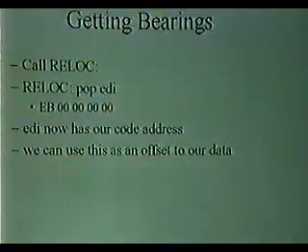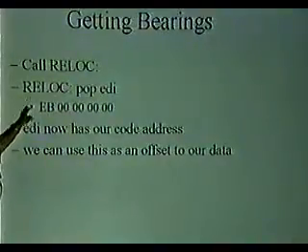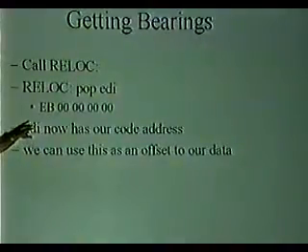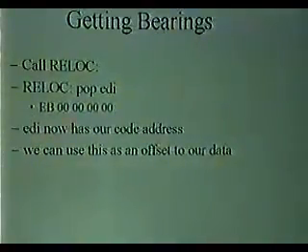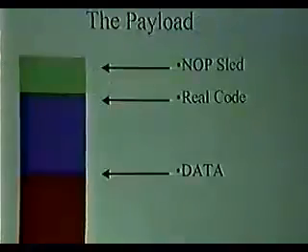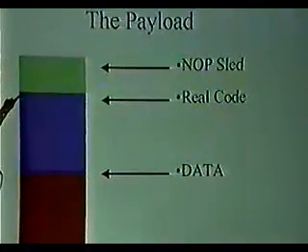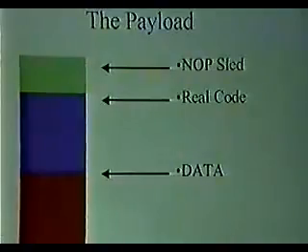So it takes the current instruction pointer and puts it on the stack. Well, then when we get to where we called to, we pop it back off the stack and store it somewhere for later. Pop EDI. Let's say EDI is a convenient place to store it. What we've done is we now know, let me go back to the previous slide, where this location is right here. And because we know that, we can calculate the offset to get to our data. This is very important because we have to use this data.